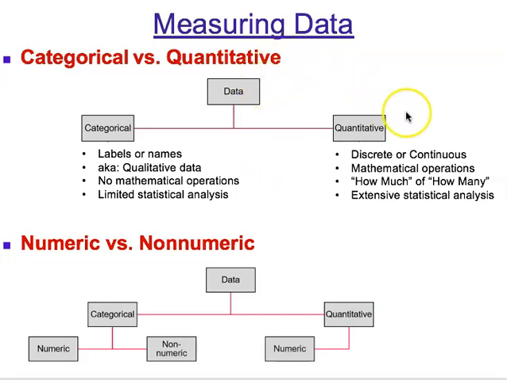The other way to look at data is quantitative. If we're looking at quantitative data, we're dealing with numbers. Those numbers can be discrete or continuous. Discrete means countable. In other words, there's nothing in between. If we're looking at children in a typical household, we can say there's 0, 1, 2, or 3 children. But we would never say there's 2.5 children in a household.